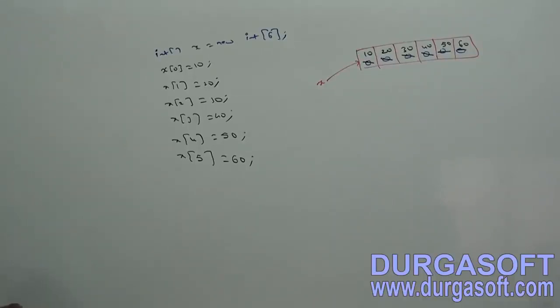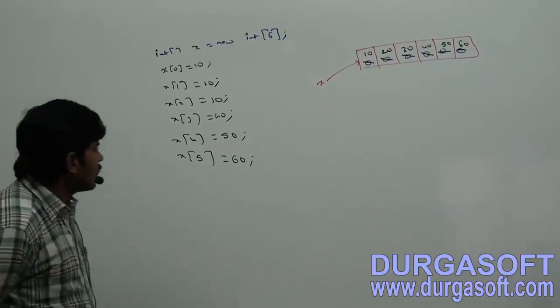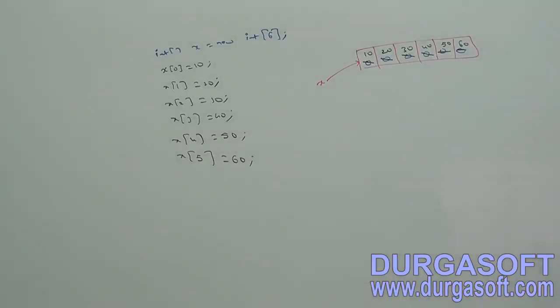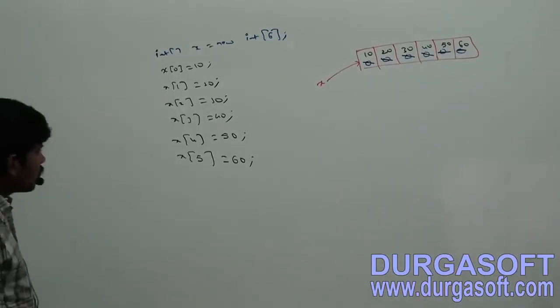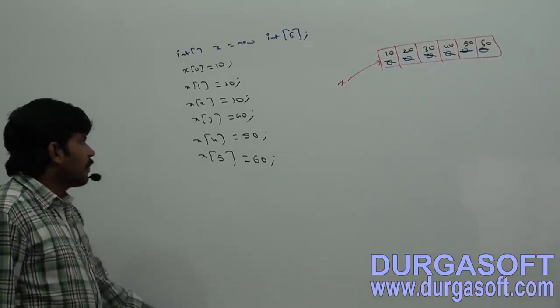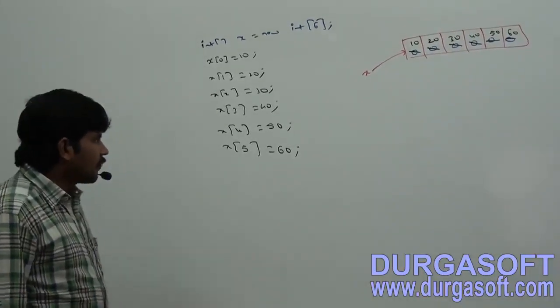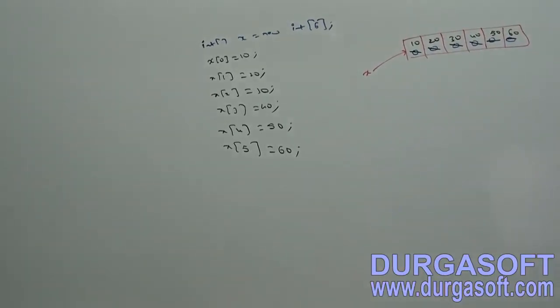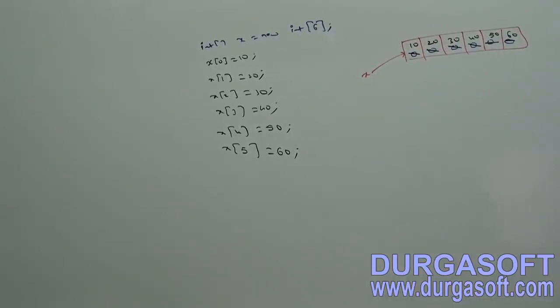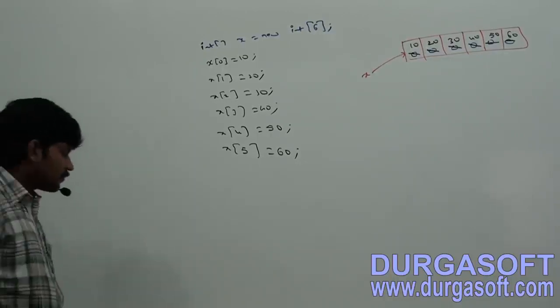Next, x of 0 is equal to 10, x of 1 is equal to 20, x of 2 is equal to 30, x of 3 is equal to 40, x of 4 is 50, x of 5 is 60.